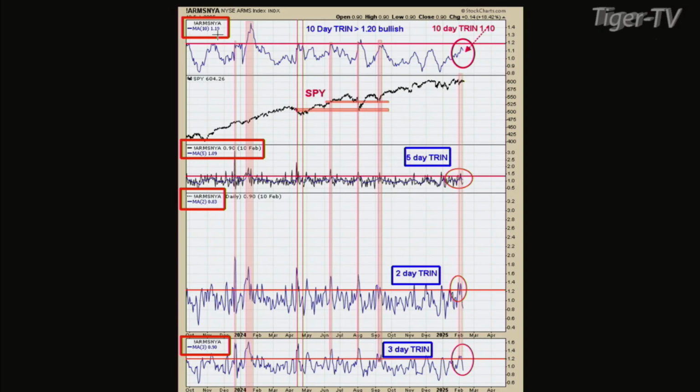And again, we didn't quite get the 10-day trend up to 1.2, so it doesn't have quite as much energy as those previous times I marked, shaded in pink. Anyhow, this rally has some power. You can't ignore it, but it doesn't have a great amount of power. So let's take a big view of what may be developing here, and let's go to chart 3.